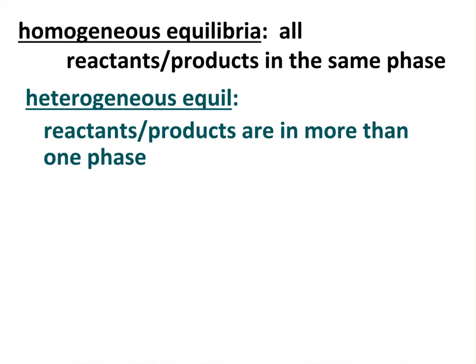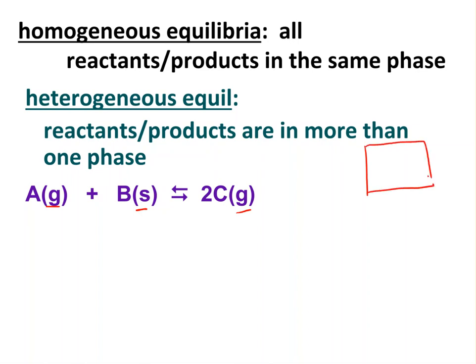If you have more than one phase, in other words, here I have some in the gas phase, and then I have this one in the solid phase. Imagine you have a solid, and there's some gas that's reacting and bouncing around on it.